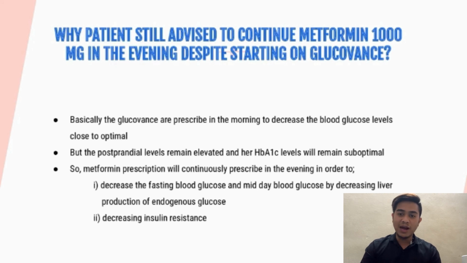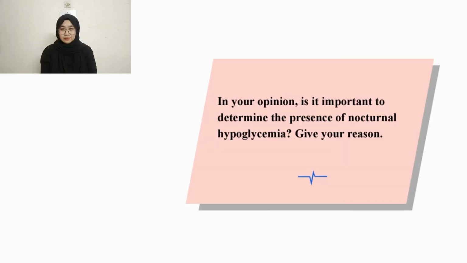That's why metformin will continue to be prescribed in the evening, because of metformin's mode of action, which decreases the fasting blood glucose and midday blood glucose by decreasing the liver's production of endogenous glucose. And the next one is to decrease insulin resistance. This answer is for question 7.